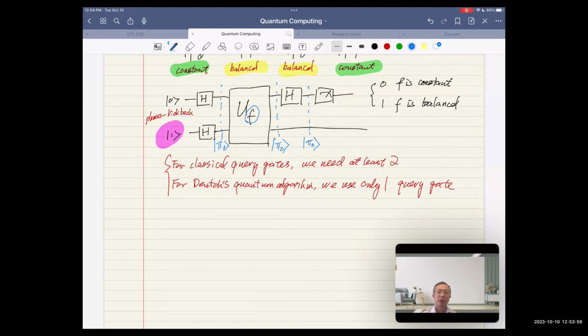This is also the advantage of quantum computing. A classical gate cannot do this. With quantum computing, the f function goes to the phase, operates on the phase transition part, and it can get this done in one query.